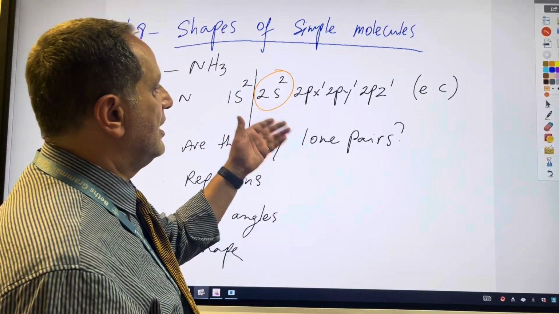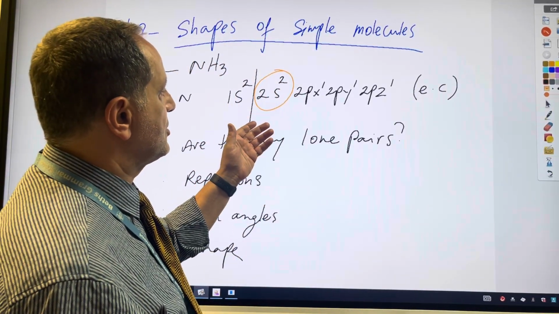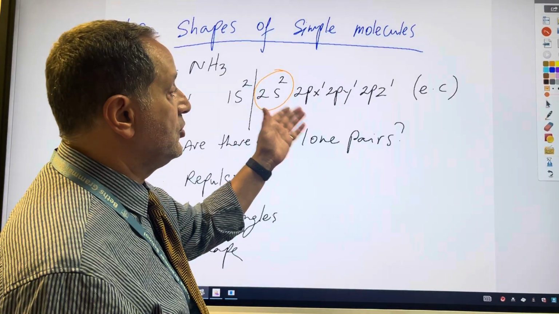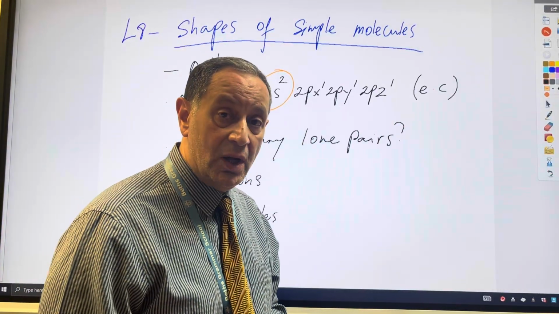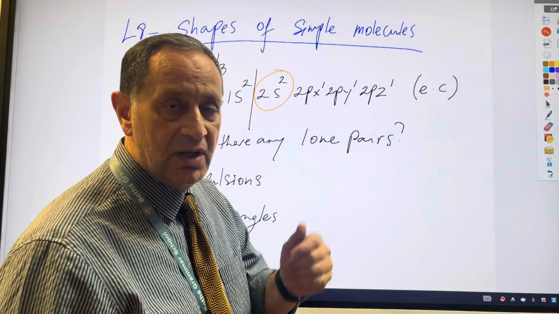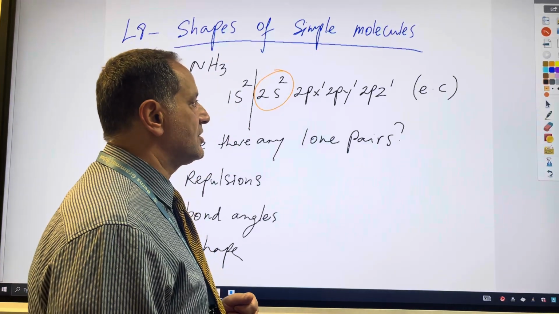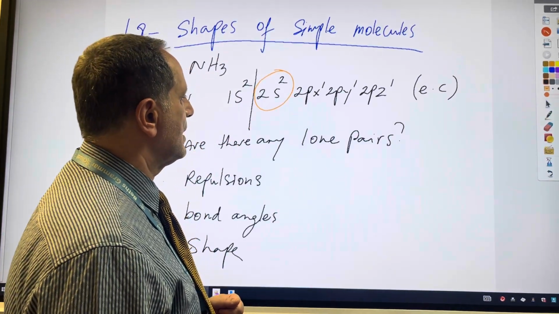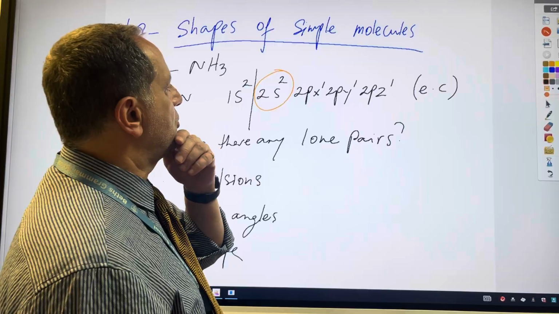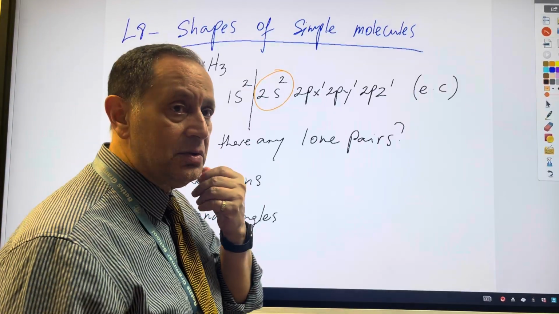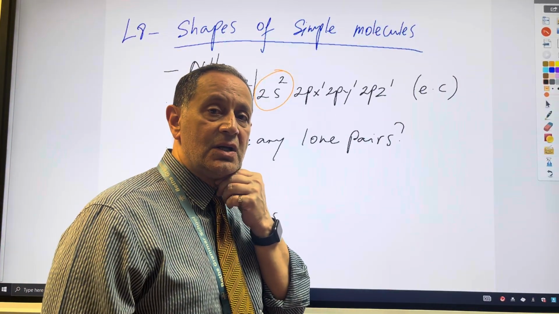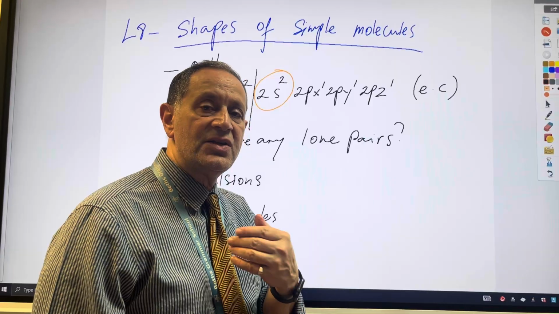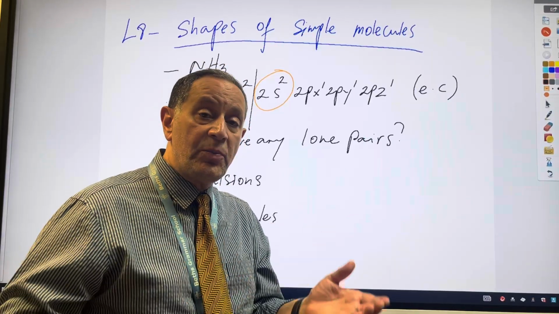So what do we see in the outer shell? We see 2s2, 2px1, 2py1, and 2pz1, or 2p3 if you like to put it that way, in slightly shortened version. So why did I encircle 2s2? Because 2s2 in the second shell is not involved in any bonding, and it is referred to as a lone pair of electrons.